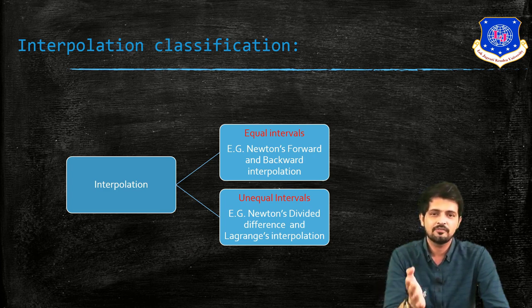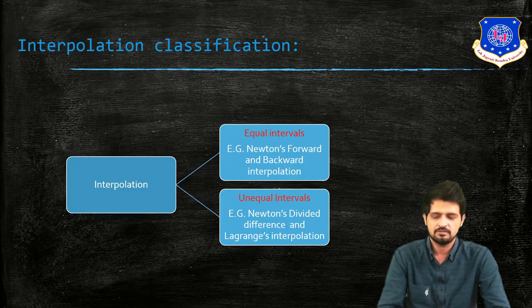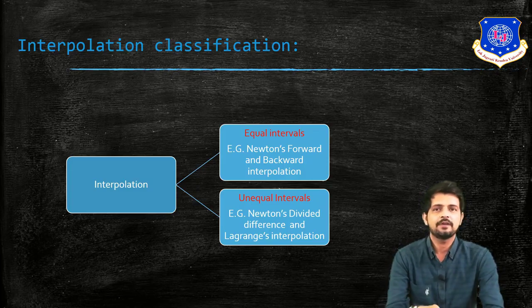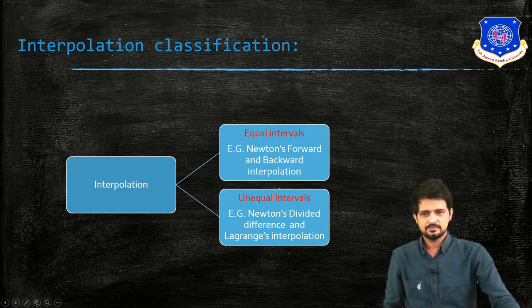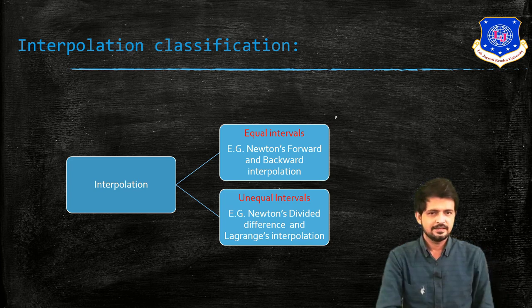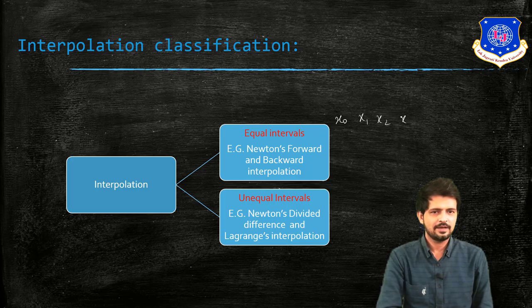Now, what is the meaning of equal intervals and unequal intervals? If the value of h is fixed, if the size of the interval is fixed, for example, see, if my initial values of x are x0, x1, x2, x3, and the difference between these values is fixed.